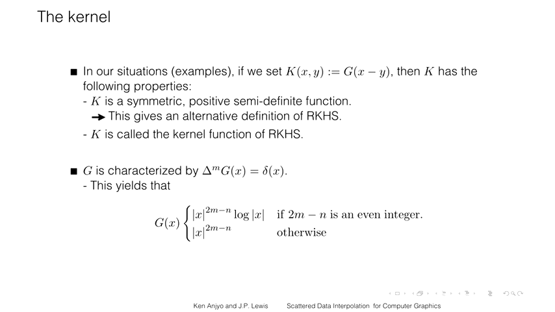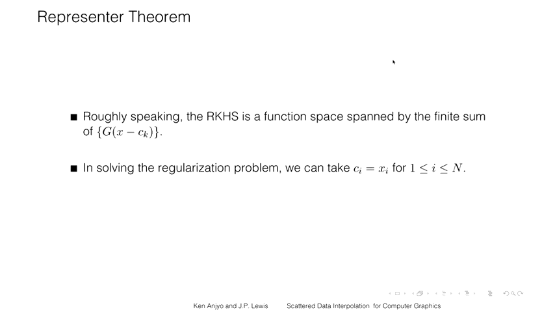I didn't tell you the exact definition of the RKHS space, but it's a kind of convolved space with this kernel. But it's simply described as a space spanned by this type of functions, and also finite dimensional. And also, c_k can be taken as the position of constraint points, actually. So it's very, very convenient to solve.